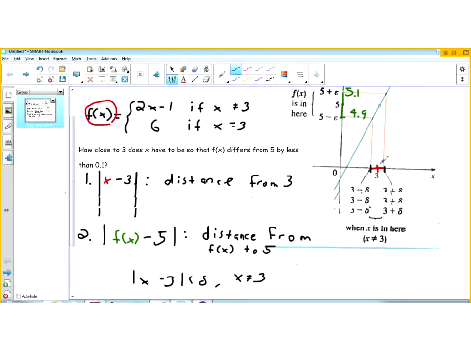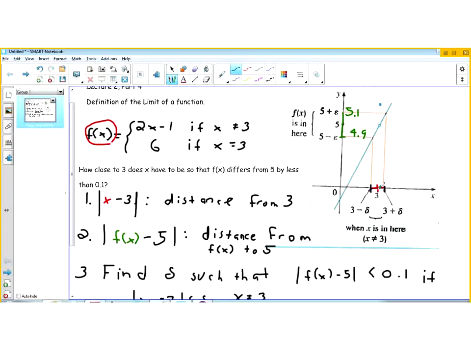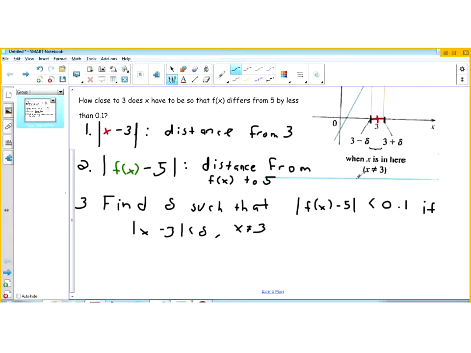The red axis you can consider to be a subdomain, such that whenever I pick a value out of this subdomain, the output is in the subrange, the interval between 4.9 and 5.1. The values of the subdomain are mapped into the values of the subrange by this peculiar function f of x. I know that's a mouthful, but try to hold it together.